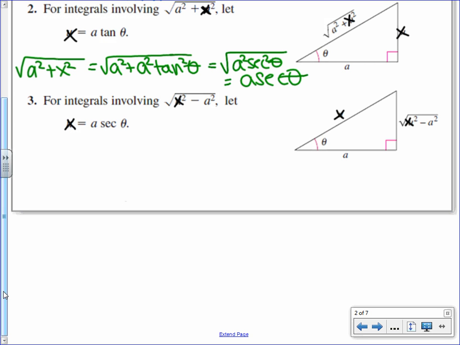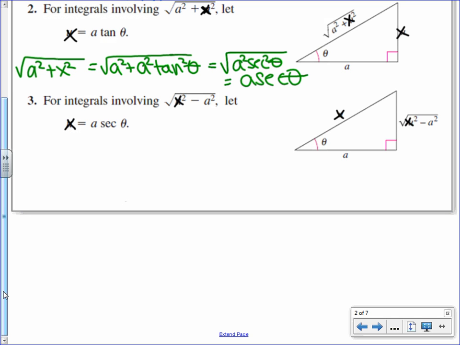So if we have the square root of x squared minus a squared, what we can do is let x equal a secant theta. In that case, x over a is secant theta, so you can see here that we have hypotenuse over adjacent is x over a, and then we can use the Pythagorean theorem to get the third side of that triangle.